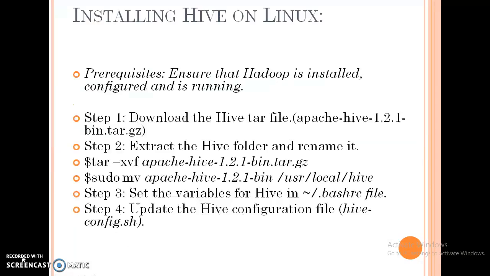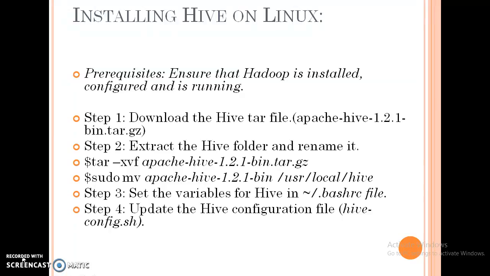The next we'll see the installation of Hive on Linux. First we need to make sure that Hadoop is properly installed, configured and running. The first step is to download the Hive tar file, that is apache-hive-1.2.1-bin.tar.gz. Then we need to extract the folder and rename it.